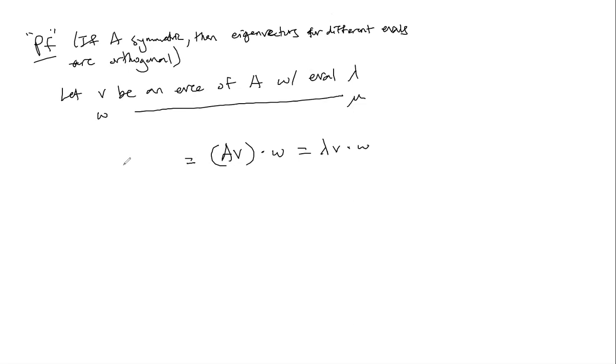But on the other side, you can write this as V transpose A transpose W, which you can write as V dot A transpose W. But because A is symmetric, this is V dot AW. And by the same logic as over here, we get mu V dot W. I just pull the mu out.